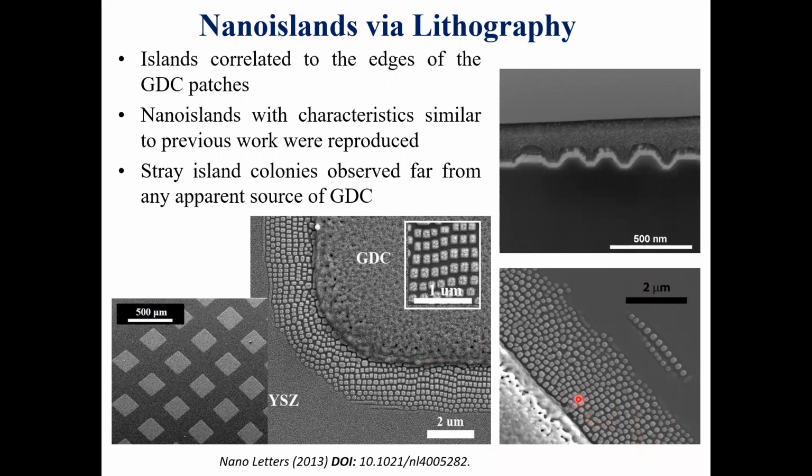Sometimes we have seen that away from the patch, which is the source, you see nano-islands, but then suddenly we see some of these stray island colonies. So the surface diffusion is happening, but it's nucleating here, not in between. So there must be some defects or something there that promotes the nucleation in that location.